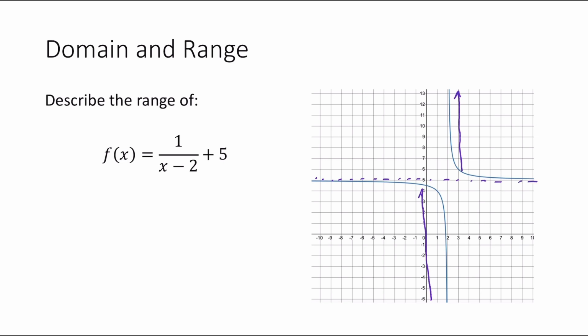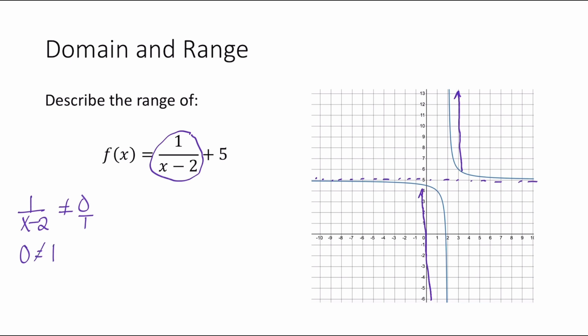Why is that? For this function to be equal to 5, I would need this to equal 0, but I can't ever have that. If I have 1 over x minus 2, that's never going to equal 0. If I try to simplify this, like cross multiply, I'll get 0 equals 1 times 1, which is 1. That doesn't make any sense.